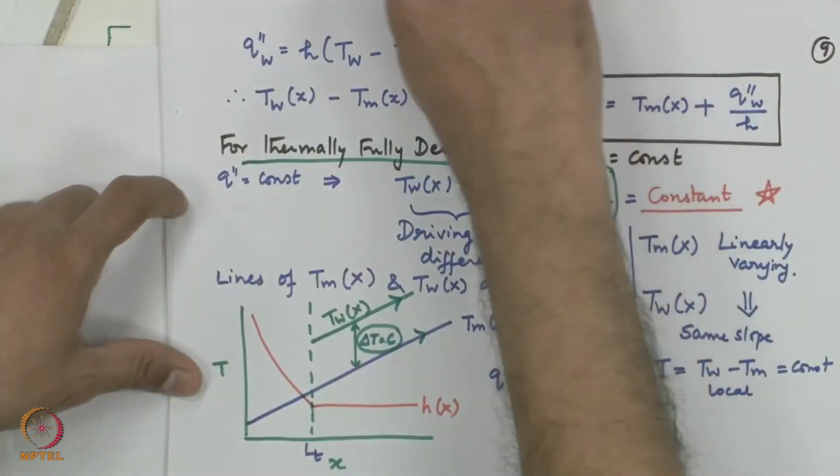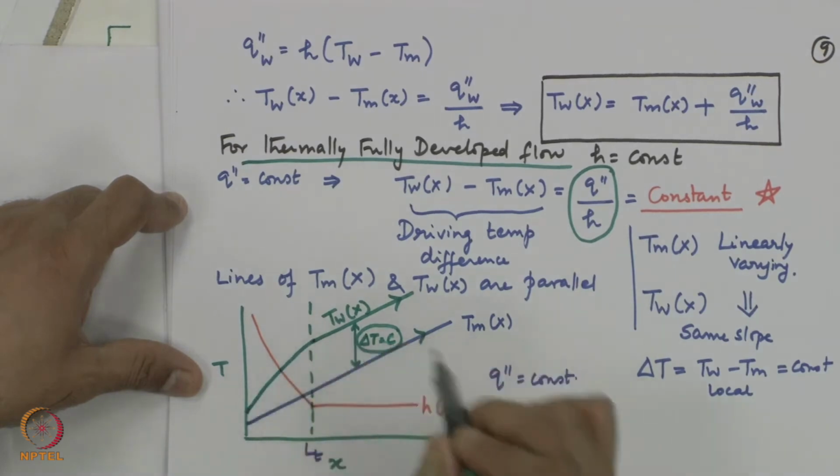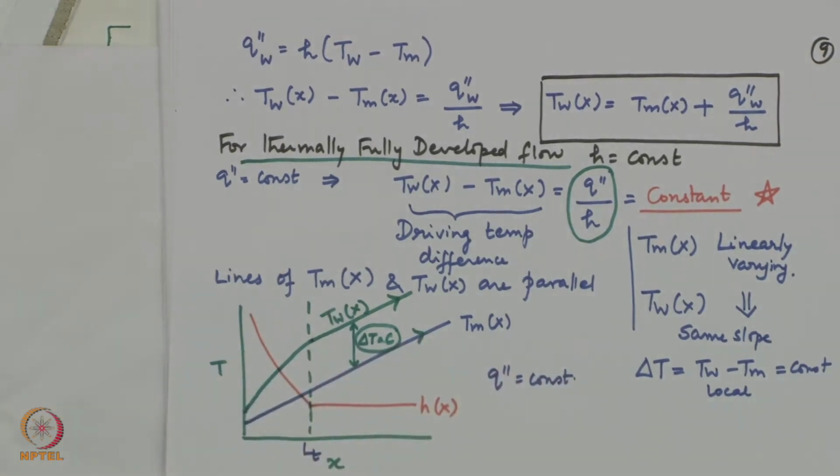What happens in the entry region? In the entrance region, the heat transfer coefficient is actually going to decrease until it comes to this constant value. So, if I plot the heat transfer coefficient, this is the h. Because this is decreasing like this, the curve for T wall will increase. Why?